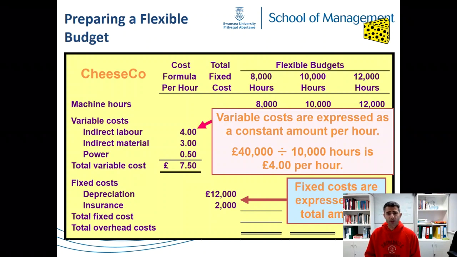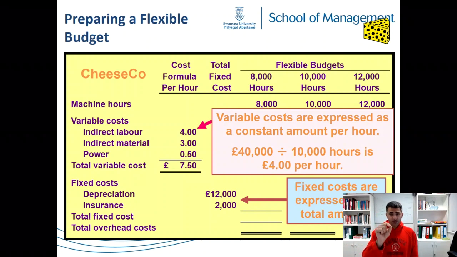When it comes to variable cost per unit, you know how to do it. Very simple. You divide the amount by the level of activities. So the amount of indirect labor, £40,000, you divide by the level of activity, 10,000 hours, so that's £4 per hour of indirect labor.